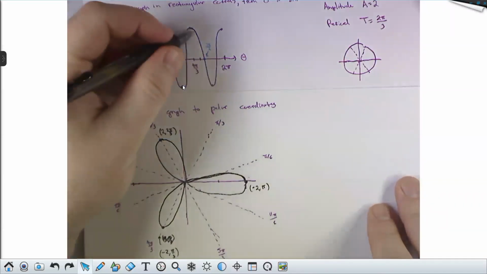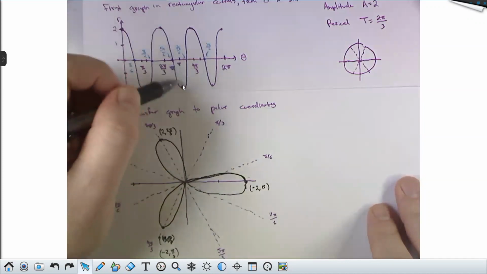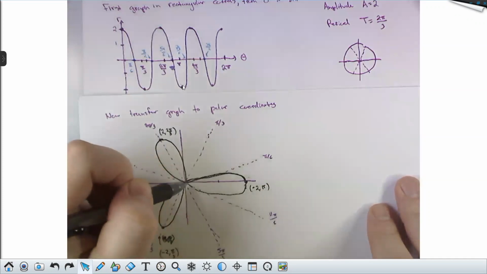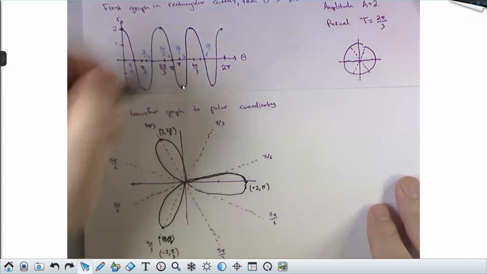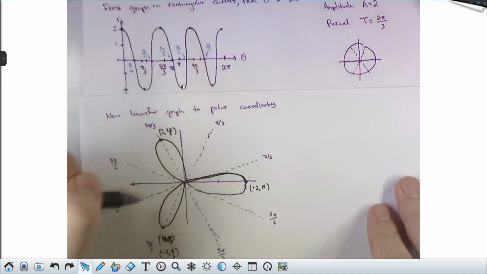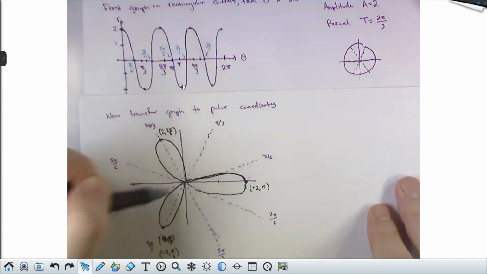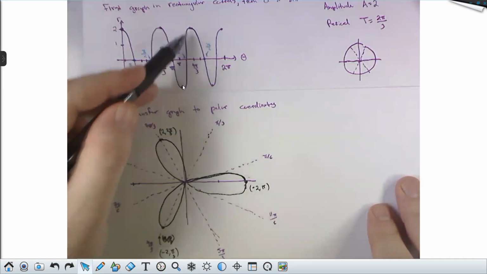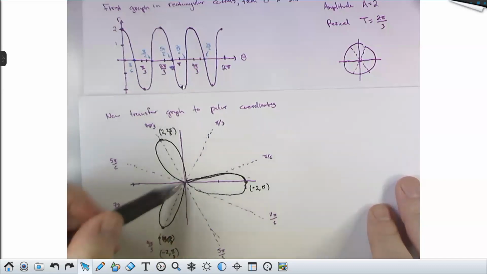As we run through this part, we are tracing this portion again. As we run through this part, r is now positive, so past 7 pi over 6 towards 4 pi over 3, we're going to poke out. We're going to arrive at a max of 2. So the polar point 2 comma, this is the same as 2 comma 4 pi over 3. We get there again.